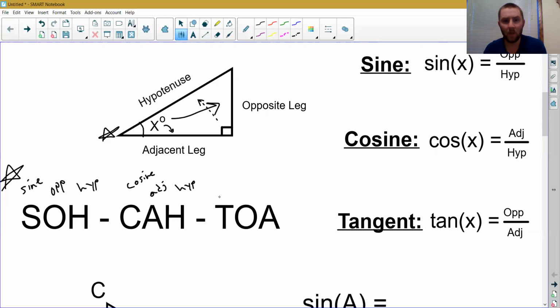And then the last three are tangent, opposite over adjacent. Okay, so we have sine is equal to opposite over hypotenuse, cosine, adjacent over hypotenuse, tangent, opposite over adjacent. Again, so S-O-H, ka, C-A-H, toa, T-O-A, all right?